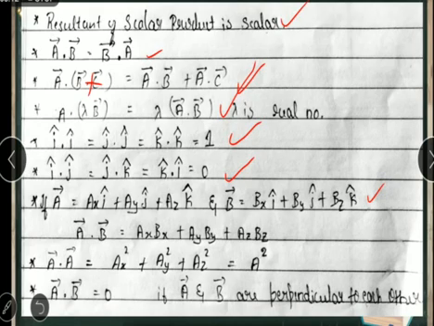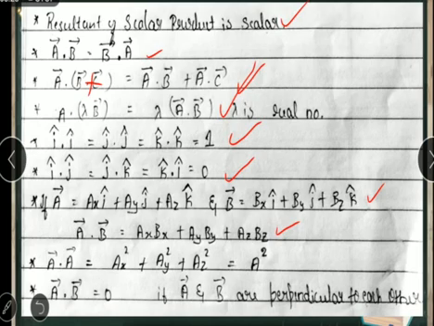Okay. Here A dot B is nothing but finally the expression which we get: Ax Bx plus Ay By plus Az Bz. Okay. This formula I am going to use while solving the problems.